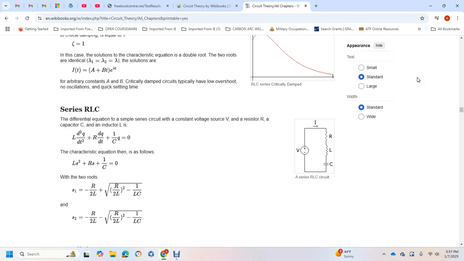With the two roots: s1 is equal to negative R over 2L plus the square root of (R over 2L) squared minus 1 over LC, and s2 is equal to negative R over 2L minus the square root of (R over 2L) squared minus 1 over LC.